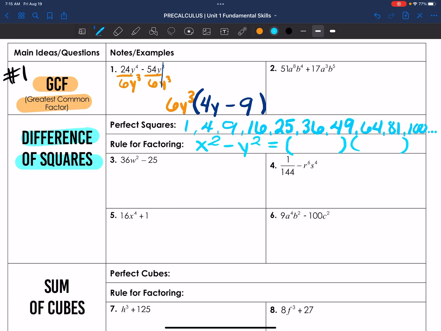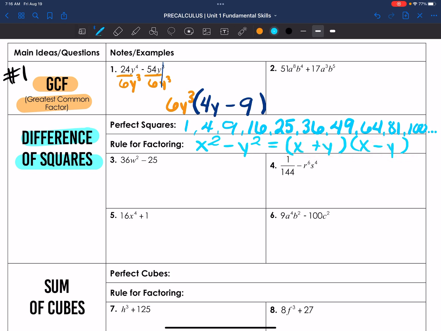You will have the square root of your first term plus the square root of your second term. That will multiply with the square root of your first term minus the square root of your second term. So look at those factors real closely there. Do you see that they really are very much the same? It's just the sign in between.